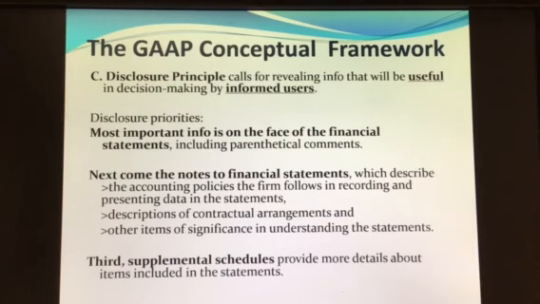So the footnotes to financial statements are essential to understanding and interpreting the statements themselves. They also provide information on contractual arrangements that help better understand the firm's obligations, other items of significance in understanding the statements, and third, supplemental schedules that provide more details about items included in the statements.